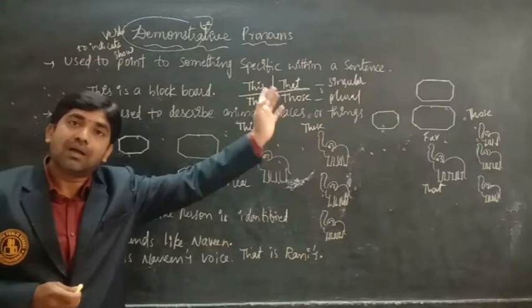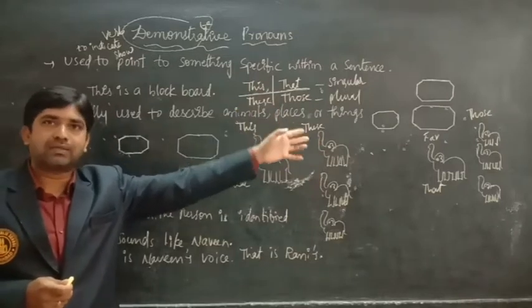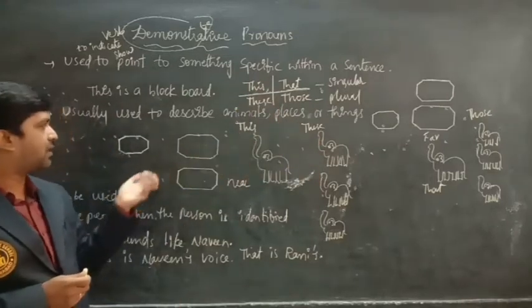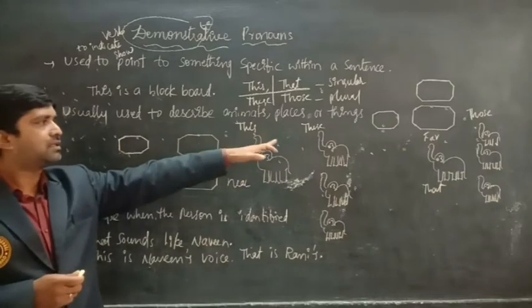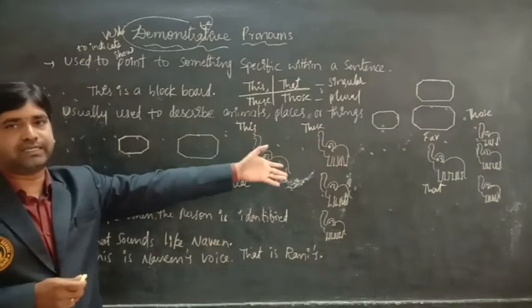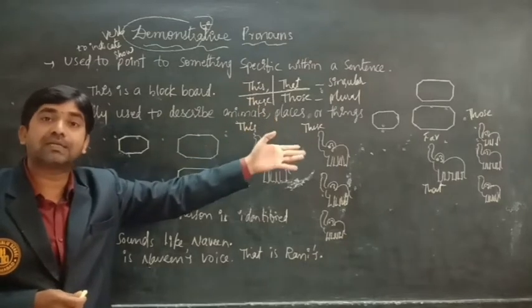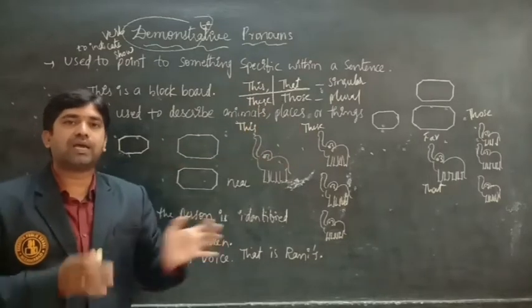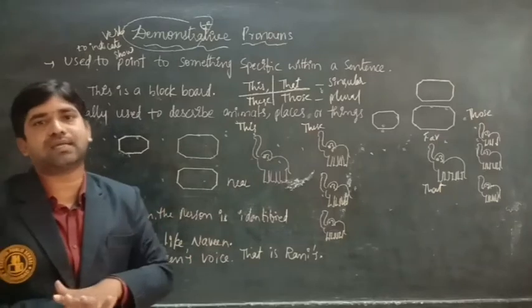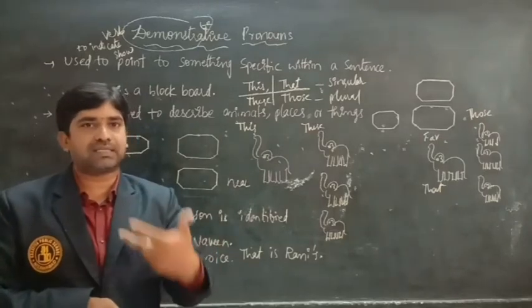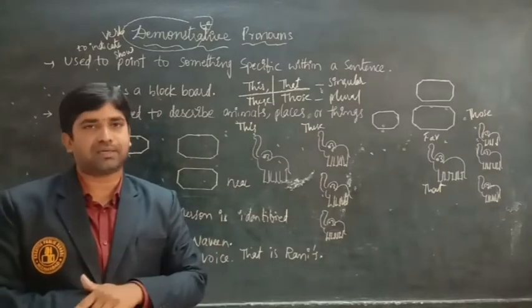Those are hexagons. When it is near, we use this, these. Far, what do we use? That, those. And here, generally the question arises whether we use this with a person or not.